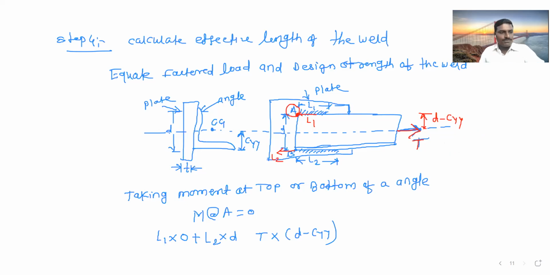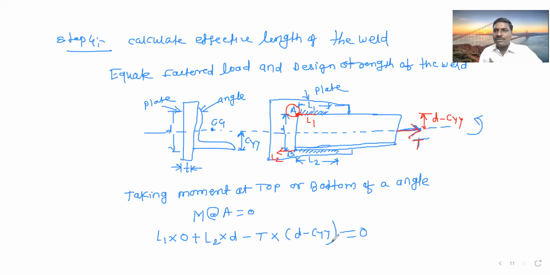So now sign negative. Why? Because this is anti-clockwise. We are taking moment at A, and this T force is moving in the anti-clockwise direction. Got it, everyone?